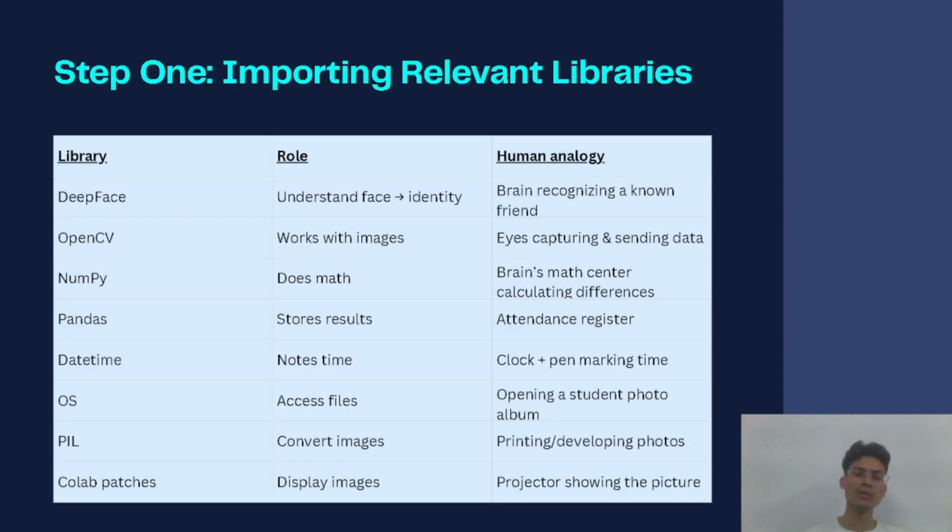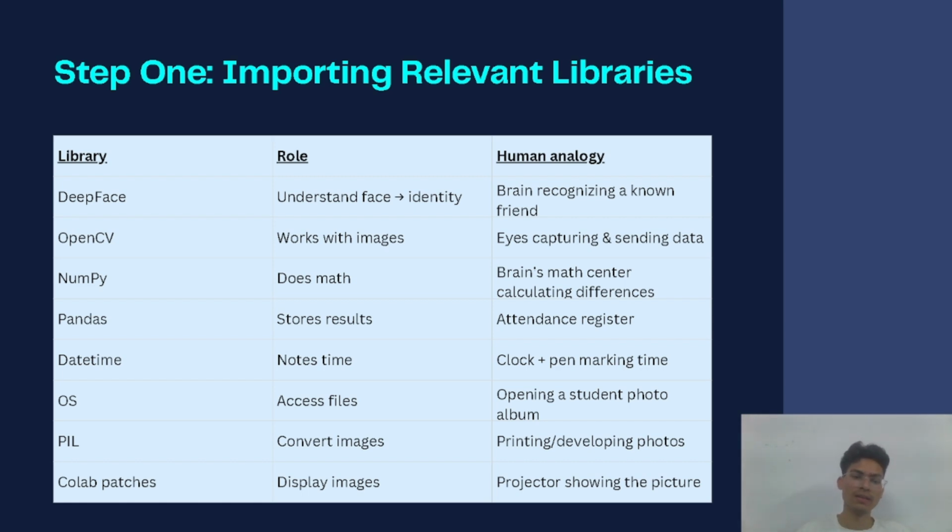So let's go step by step. Step 1 is importing the relevant libraries. I'll tell you about the libraries which I have used. The first one is DeepFace, which is used to understand your face and identity, and load the data. Next is OpenCV, which is useful in working with images.